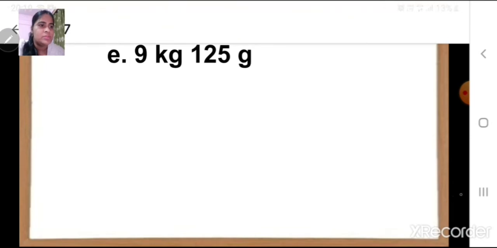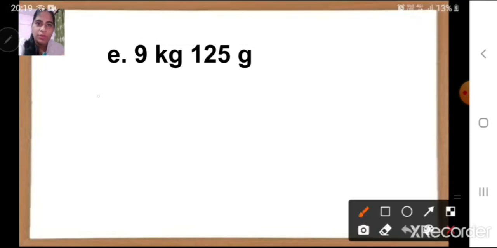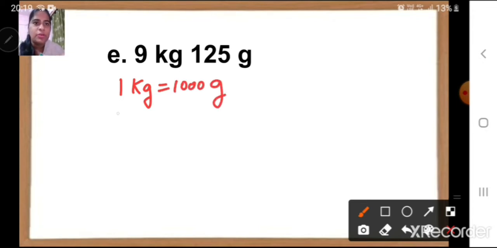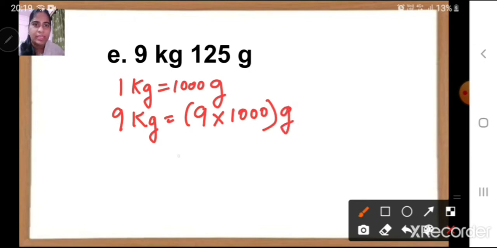We know how to convert from kg to gram, correct? We have to multiply by 1000. So 1 kg is equal to 1000 grams. Therefore 9 kg will be 9 into 1000 grams. Correct? 9 into 1000 is 9000 grams.